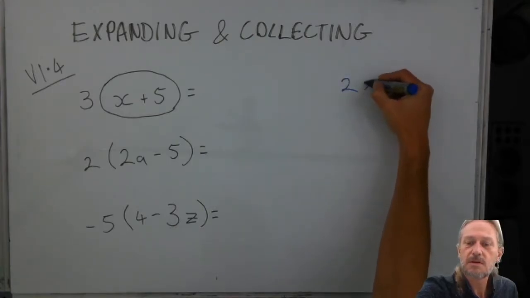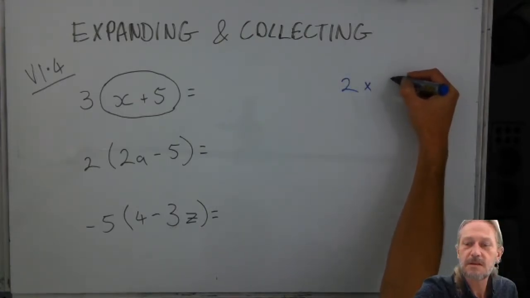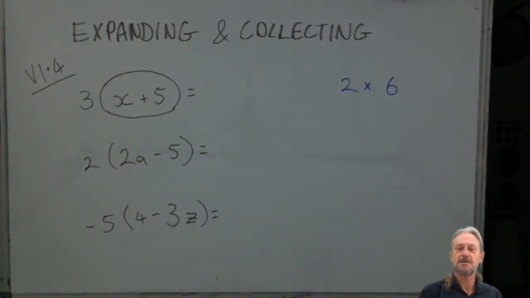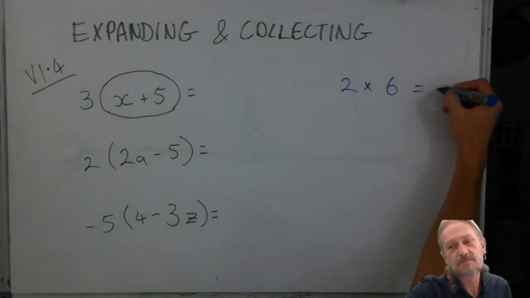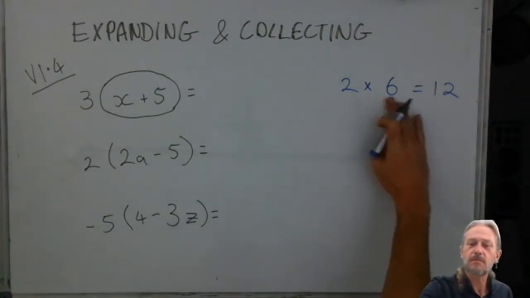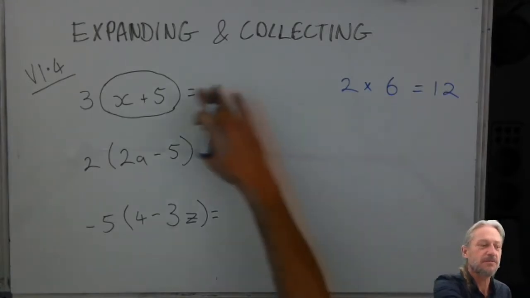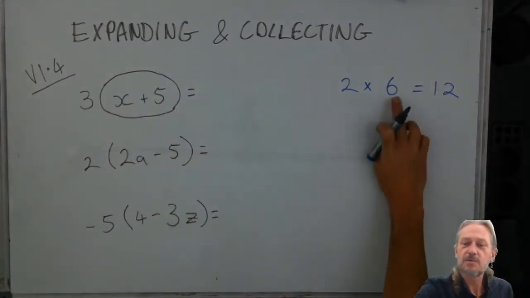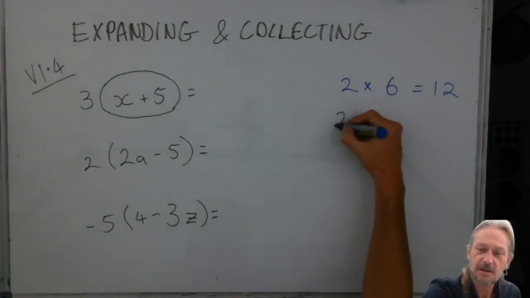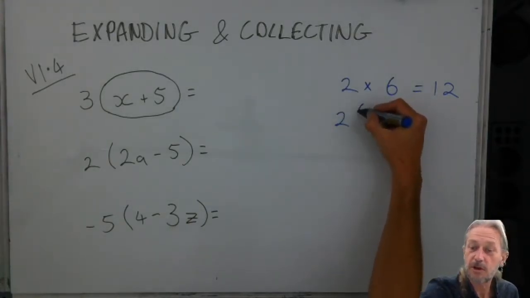So just as an aside, if we have 2 times 6, that's a nice easy one, isn't it? We know 2 times 6 is 12, but what I want to show you, to relate it to some of this, is that we could break that 6 apart. So we could write it as 2, and I'm going to use brackets here.